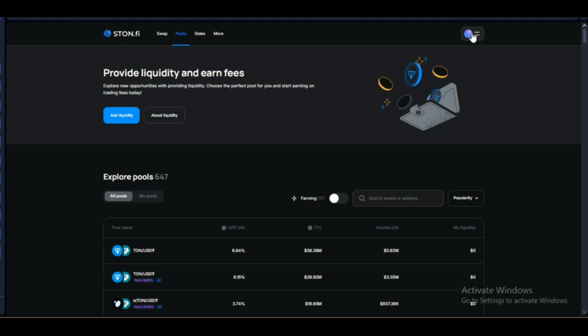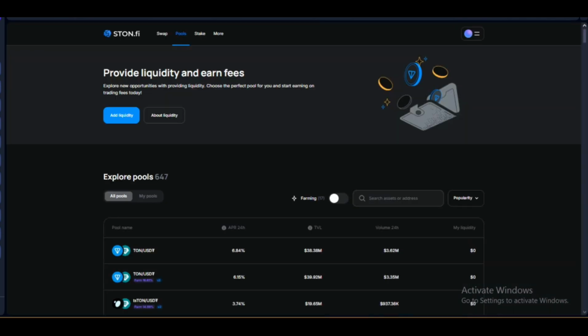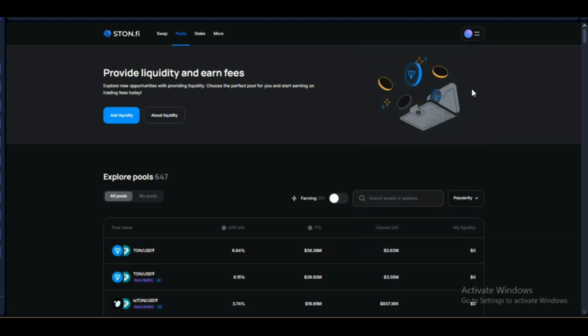Either you use a QR code or you sign in manually using your Tonkeeper. This is what a Tonkeeper looks like. You can use other wallets too. It's the same thing, but I prefer to use Tonkeeper. Once you do that, you either scan your QR code or enter using your seed phrase, which is easy. I'm already logged in here on Stonfi, so I can do anything I want.